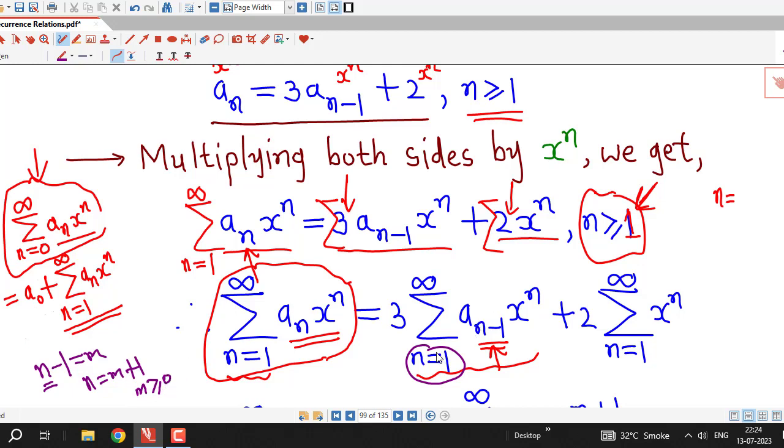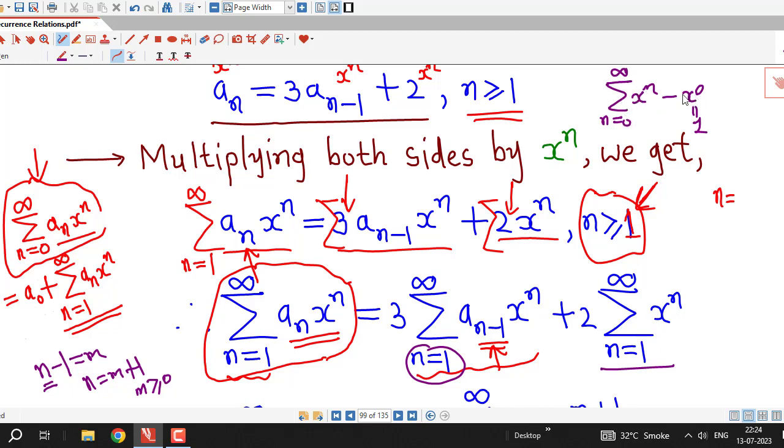So I will have sigma a_m x raised to n, that is m plus 1. So that I will replace in terms of small m, and this I can again rewrite as sigma x raised to n, n equal to 0 to infinity, minus x raised to 0, that is 1, because this is starting from n equal to 1 to infinity and here this is starting from 0 to infinity.